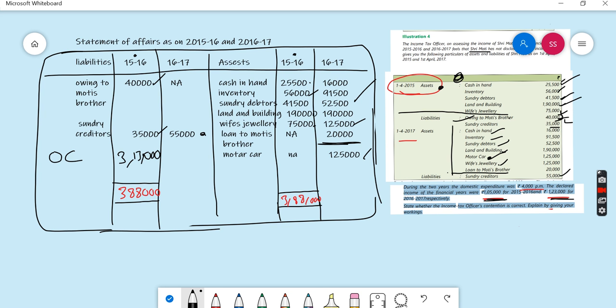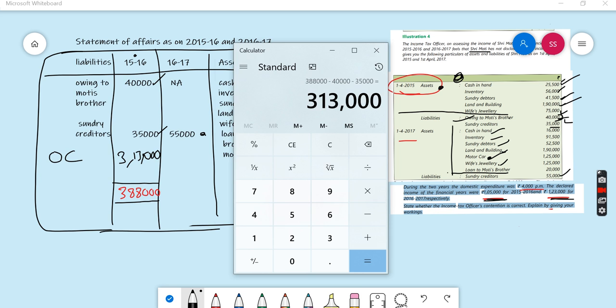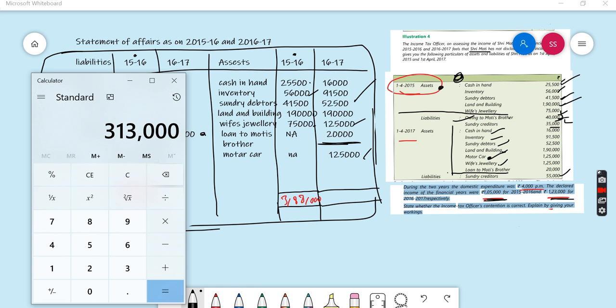Okay, let's figure out the asset side. Let's take the calculator. So 16,000 plus 91,500 plus 52,500 plus 1,90,000 plus 1,25,000 plus 20,000 plus 1,25,000.